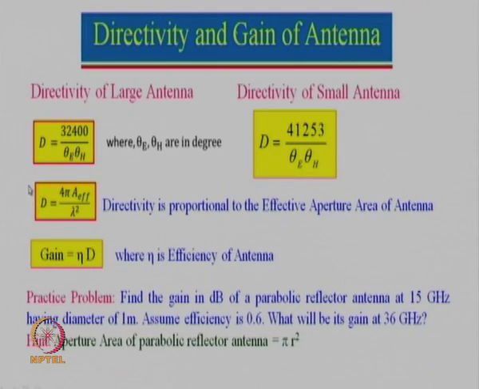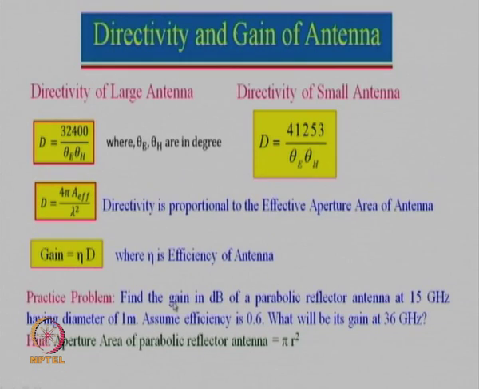Now directivity is also related to the aperture area. As we saw in the last lecture, if aperture is increased, directivity will increase, and for a given frequency we have a certain aperture. So for example, let us say I take a diameter of 1 meter for a circular dish antenna.